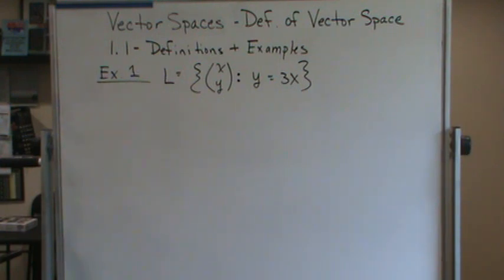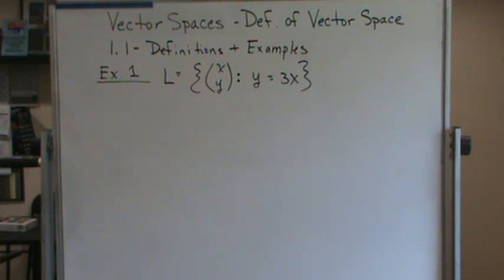Now, they're just ordinary ones as we would use with real numbers. And what we would say is that these operations are inherited from R2, the two-dimensional reals. Okay, so now what we're going to do is each one of these conditions.